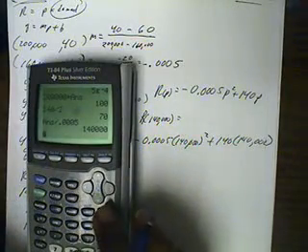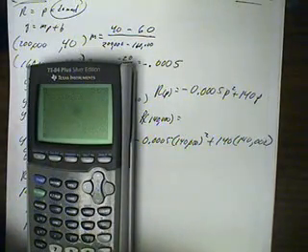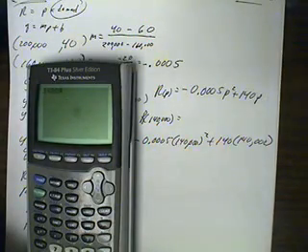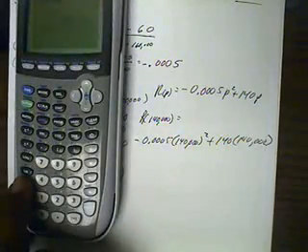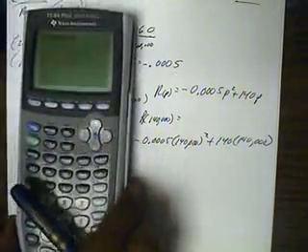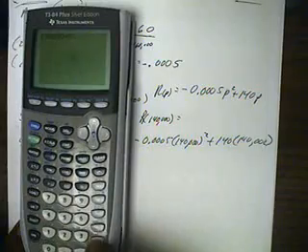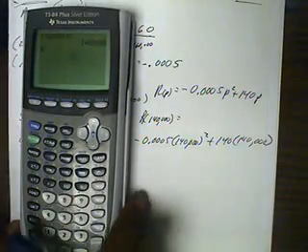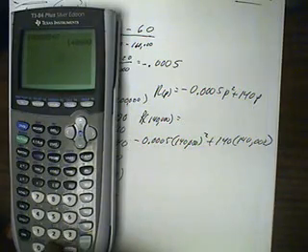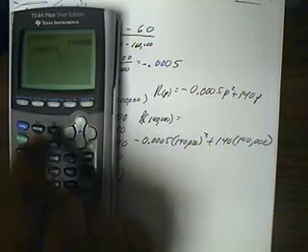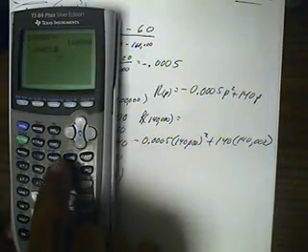Okay. Clear. And what I want to do is I'm going to say let 140,000 be stored into the letter X. Okay, now for my letter X, I'm going to type negative 0.0005 X squared.